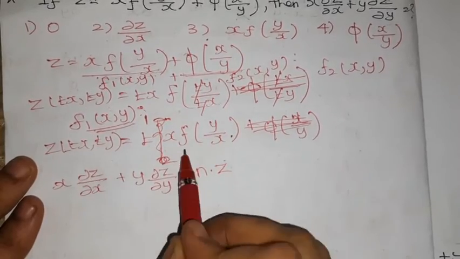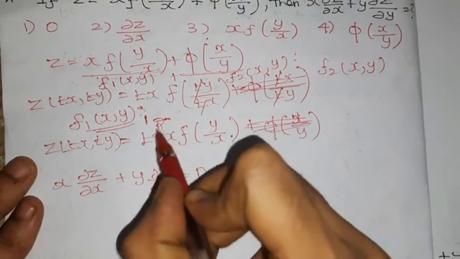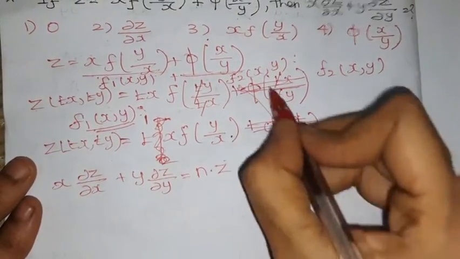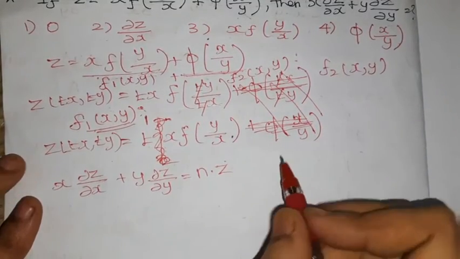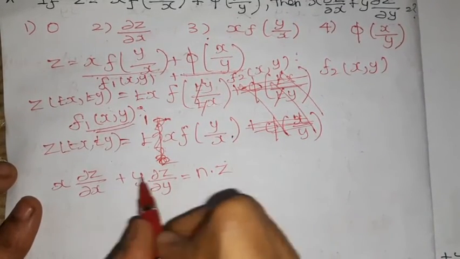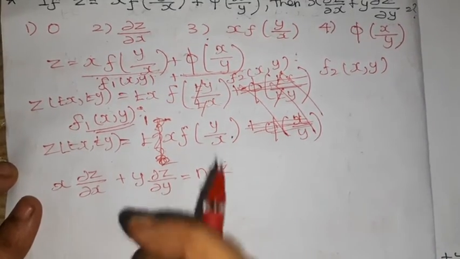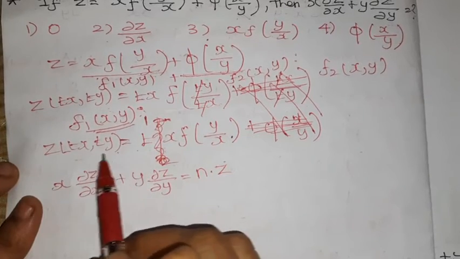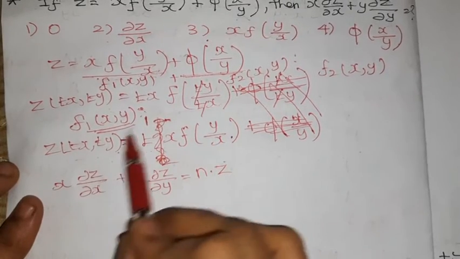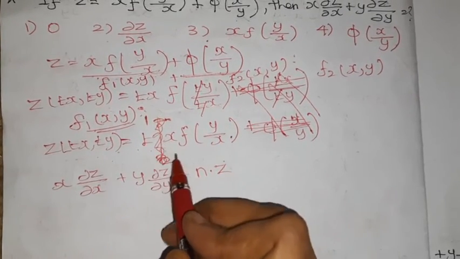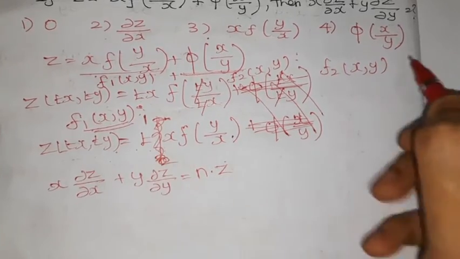For the first one, if we check, it is correct: n equal to 1. So function 1 is a homogeneous function with degree 1.